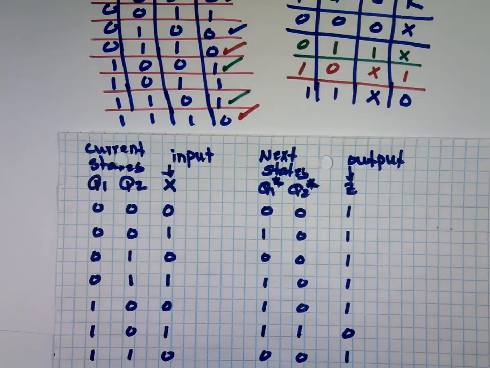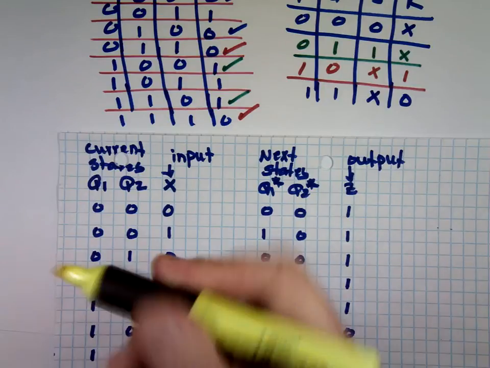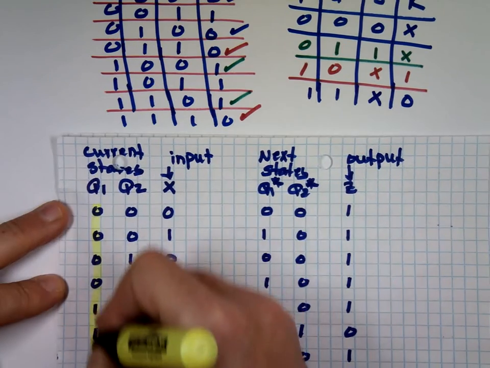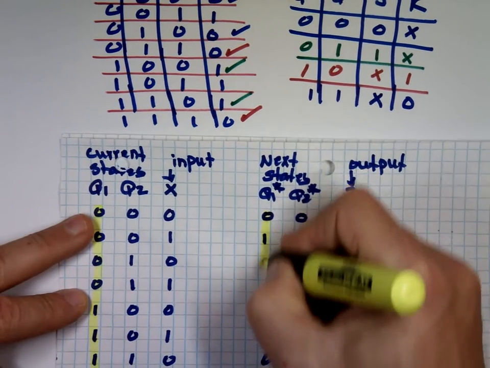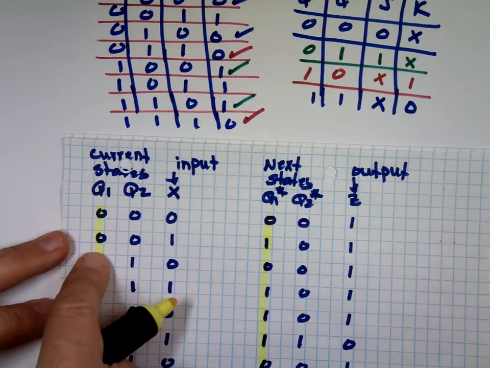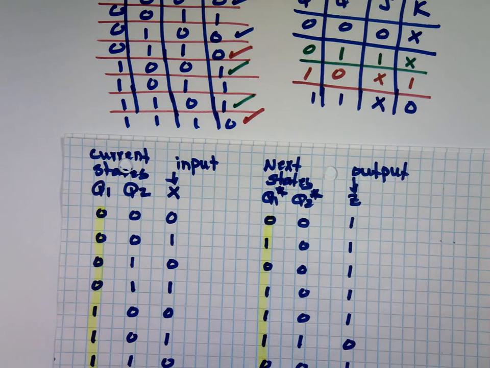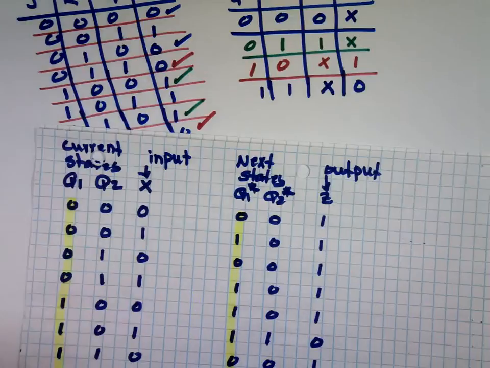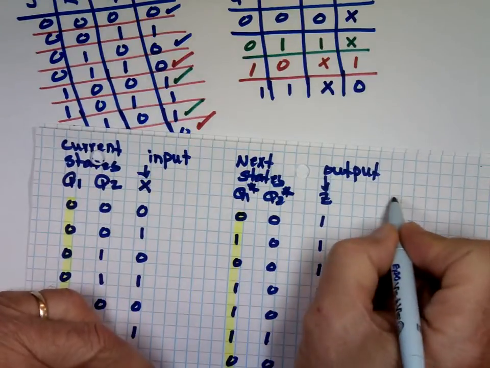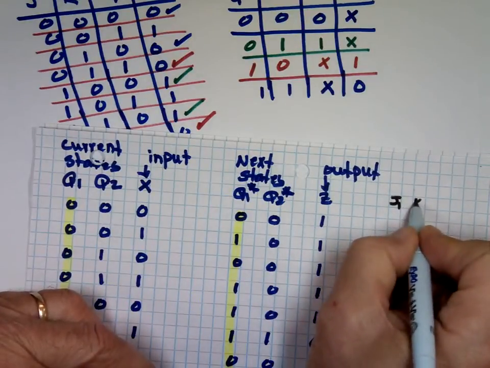Purple is gone. Okay. So let's look at this one and compare it to that one. That's the current state, that's the next state. So let's see, this is J and K now. What should J1 and K1 be?